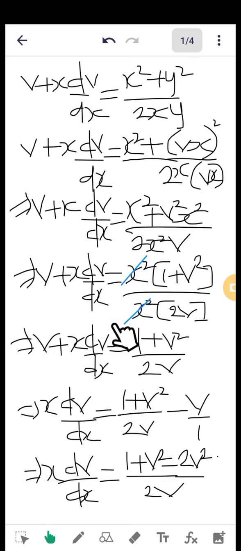The x squared in the denominator will cancel the x squared in the numerator, leaving 1 plus v squared at the numerator and 2v at the denominator. So the whole idea is that we want to get rid of the difficulties, so we try to make all the v terms get to the right side and all the x terms get to the left hand side, or whichever way you prefer.